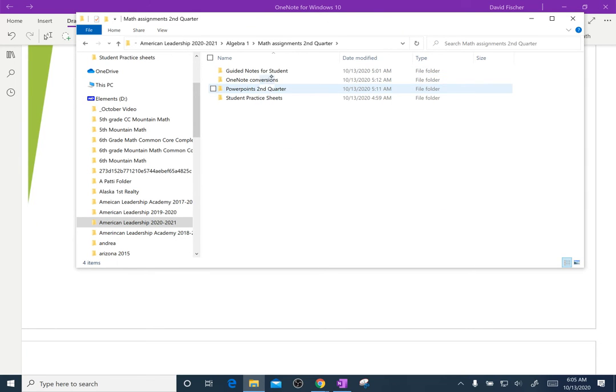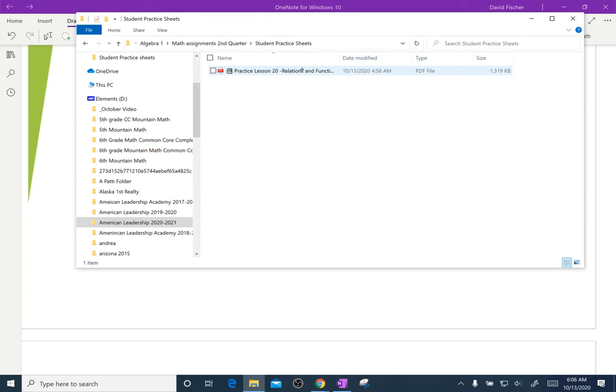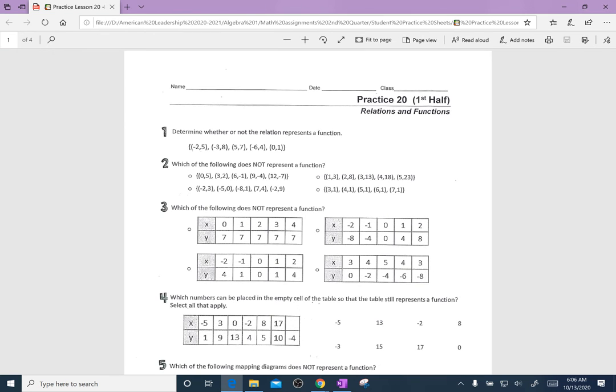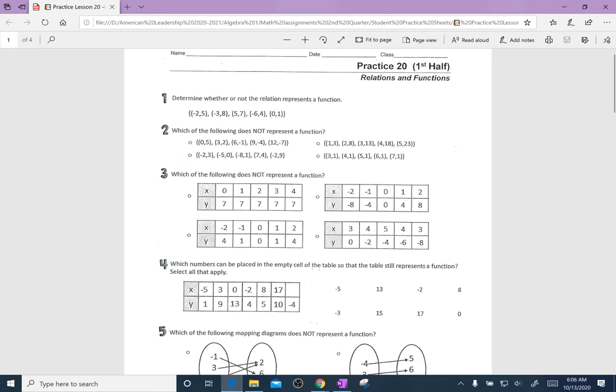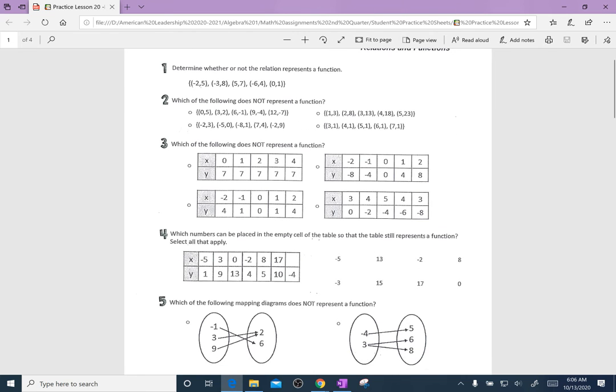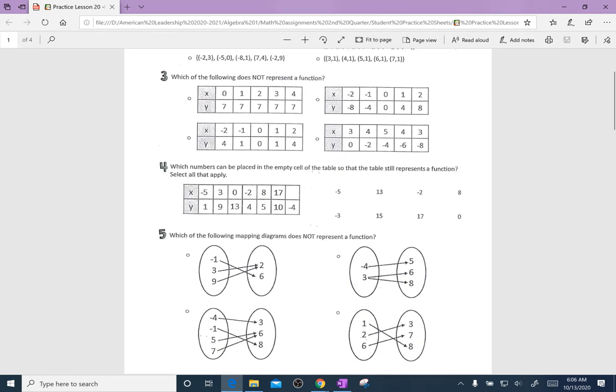On these last couple problems, let's see. Yeah, this is yours. Print these off and do these, and tell whether it's a function or not. They're multiple choice for you guys.